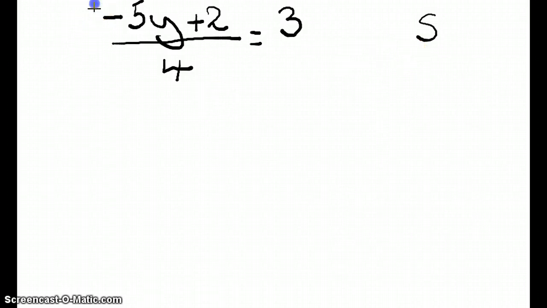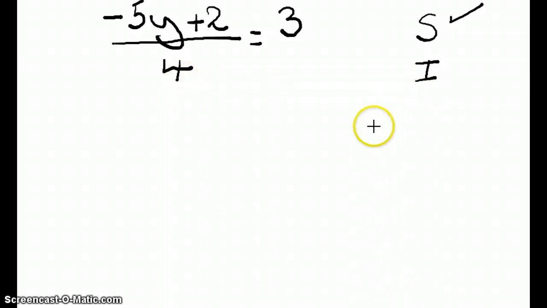No. In fact, even if we added these parentheses here, there's no way for us to combine negative 5y and 2, and so we would just be able to eliminate the parentheses. So it is simplified. Is my y isolated? Well, no. In fact, it's not only not isolated, it's got a 2 that's being added to it, and it has a 4 that is trying to divide into it. So how am I going to deal with that?